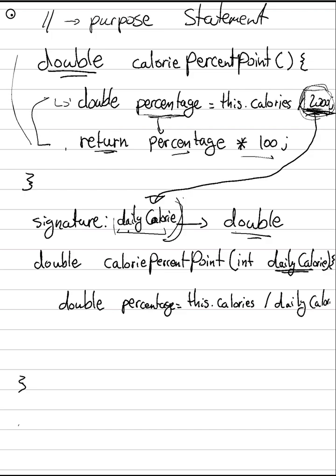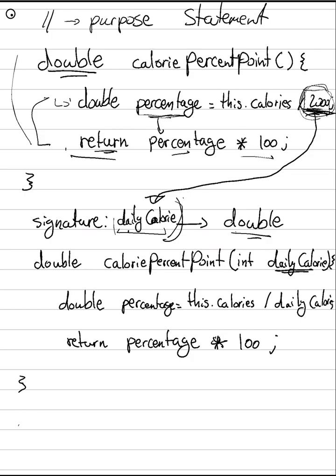Yes. And then this stays exactly the same. So we just return percentage times 100. Does that make sense? Yes, it's perfect.